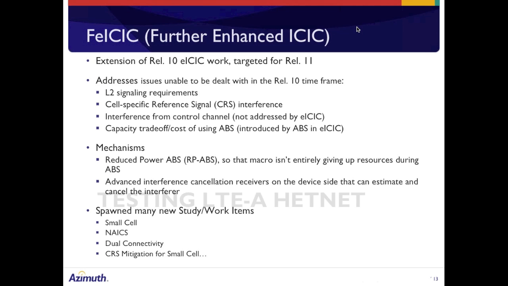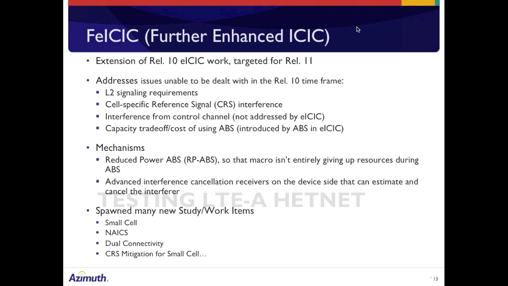But here with ABSs, we're clearly needing synchronization. And you might ask at what time scale that synchronization is required. Well, I would say it's pretty short time. The synchronization is on the order of a couple of microseconds.